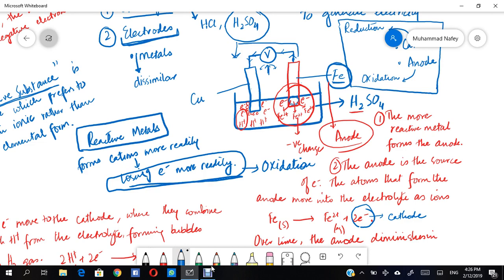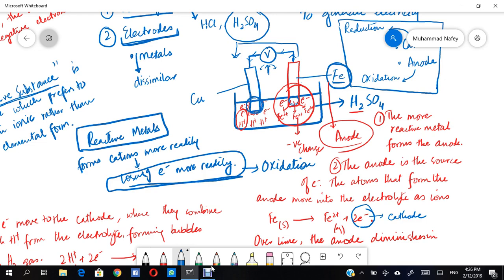Another thing would happen. These bubbles of hydrogen gas which surround the cathode basically act as a barrier between the electrode and the hydrogen ions in the solution.